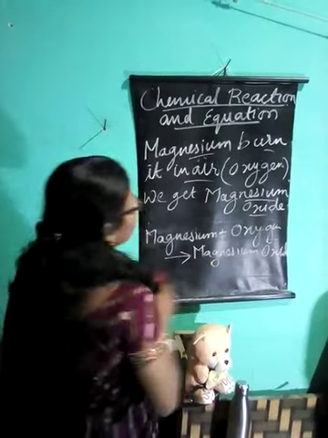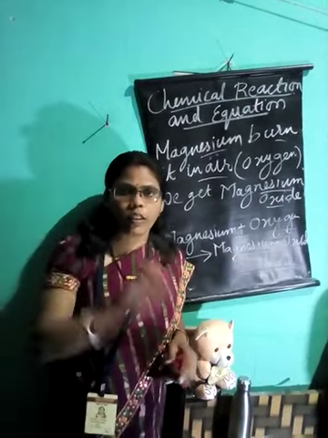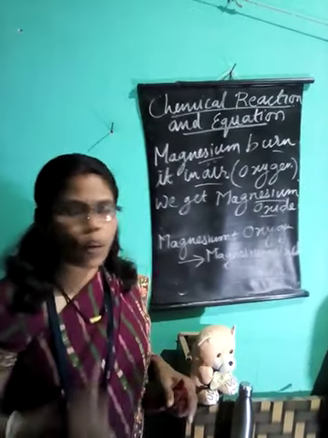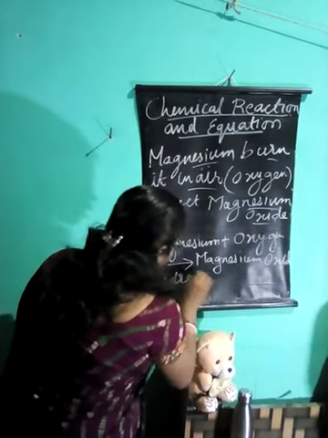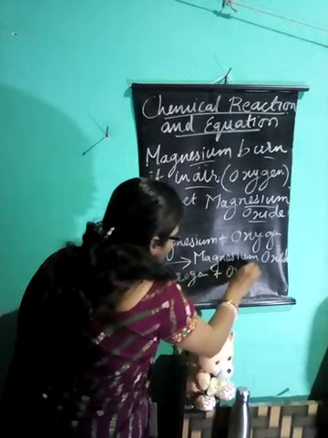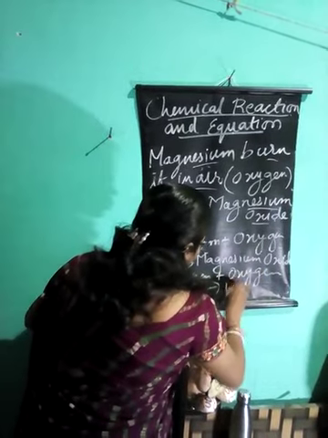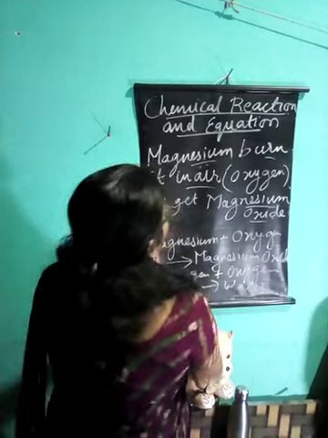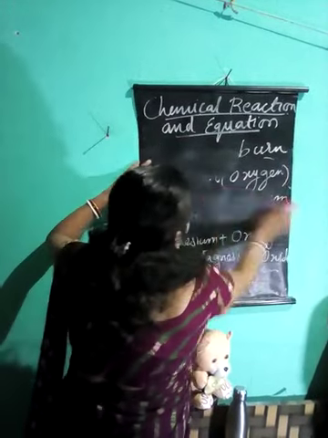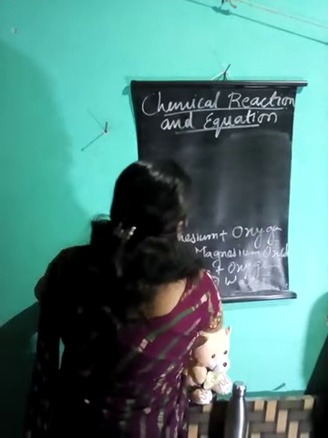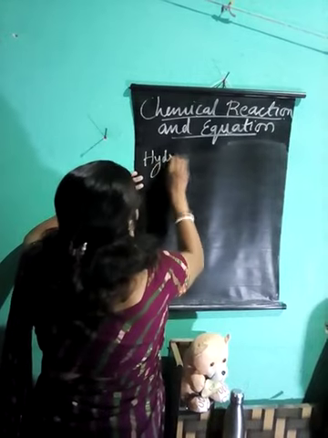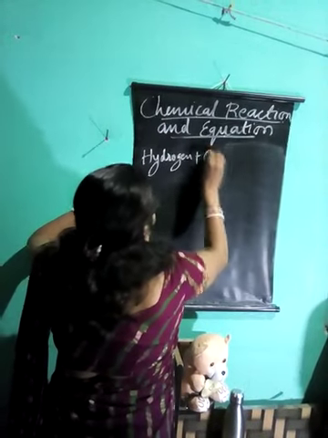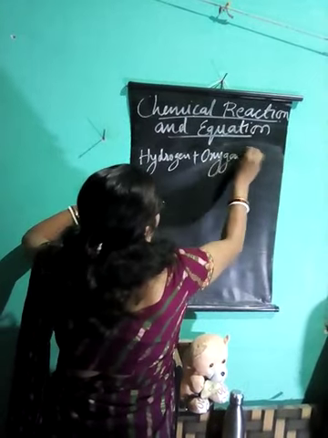Another reaction, hydrogen plus oxygen. The well-known reaction, hydrogen plus oxygen you get? Yes, water. Now let us take the example of hydrogen and oxygen. Hydrogen plus oxygen, what you get? Water.